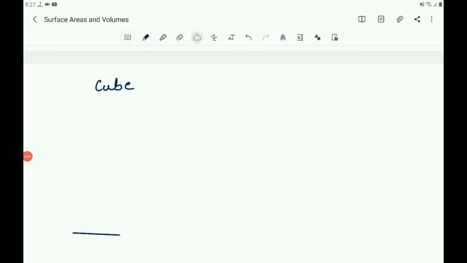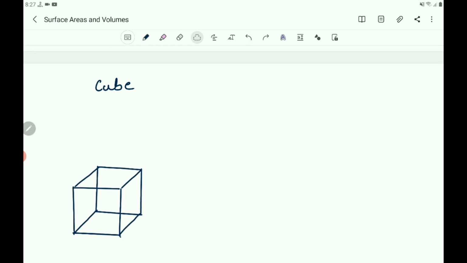Now let us discuss about the other solid, cube. So then what is cube? A cuboid whose length, breadth and height are same is called a cube. Cube has 6 surfaces, 12 edges, 8 corners or 8 vertices and 4 diagonals.